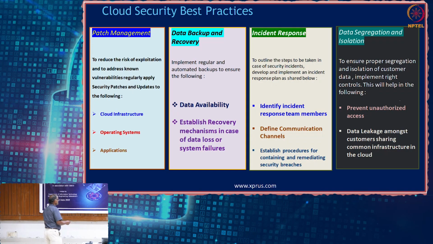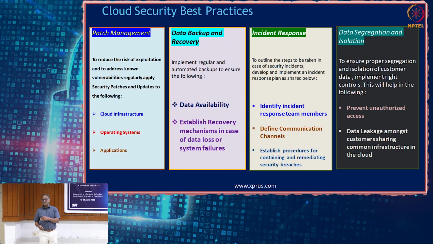In the cloud again, depending on what service model you use, infrastructure as a service or platform as a service, who does the patch management? Except in IaaS, because in infrastructure as a service you are buying the server, so you need to manage the operating system and apply the patches. Whereas in platform as a service and software as a service, it is the ownership of the cloud service provider.